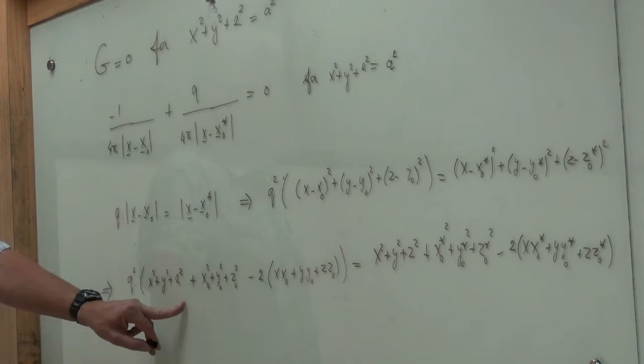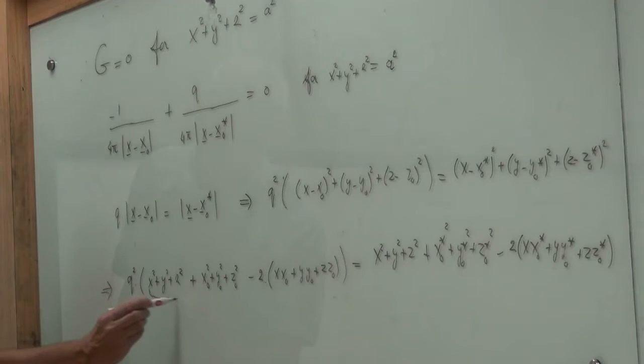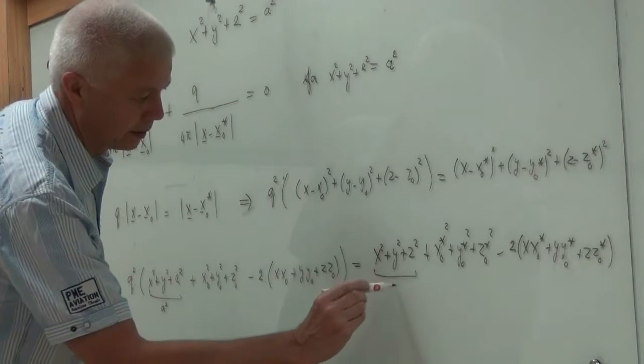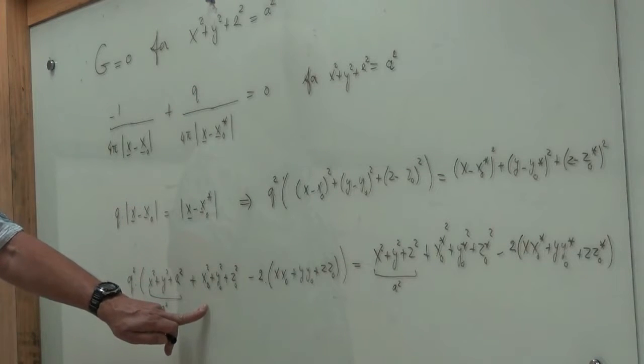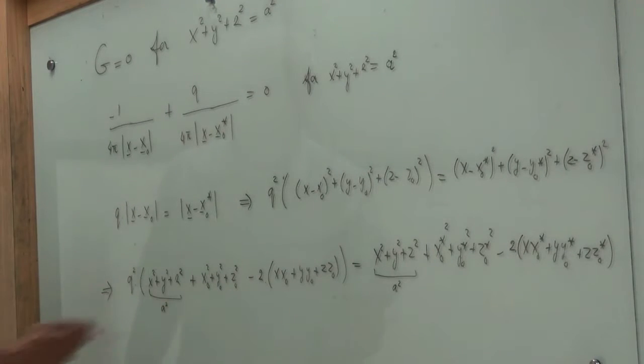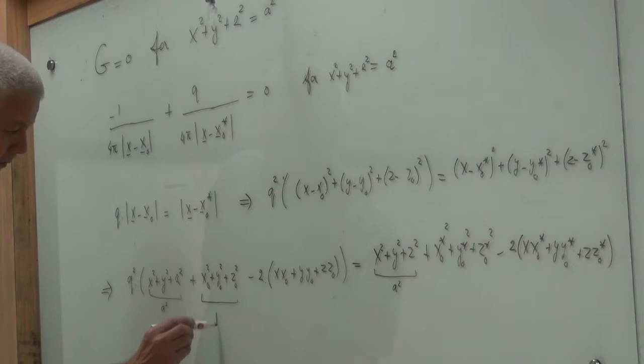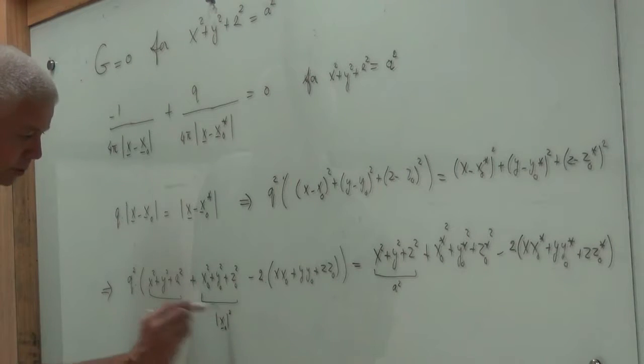So this is still nasty work. What do we know? x squared plus y squared plus z squared is a squared. And also here I have a squared. This is the length of the vector x0.